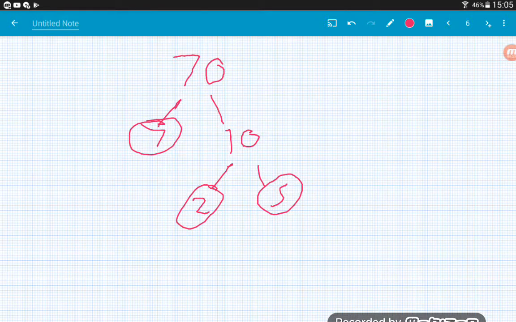There we go, we've got to the end of our tree. So in ascending order, 70 is equal to 2 times 5 times 7. We can't simplify that at all because all the factors are unique. So job done for 70: 2 times 5 times 7.